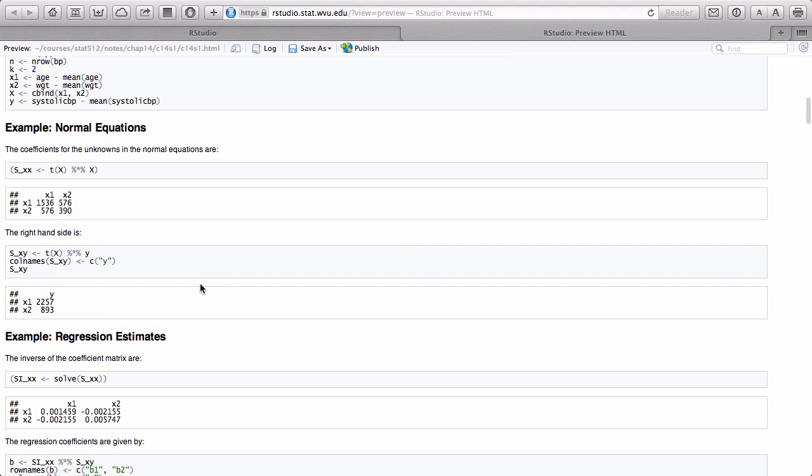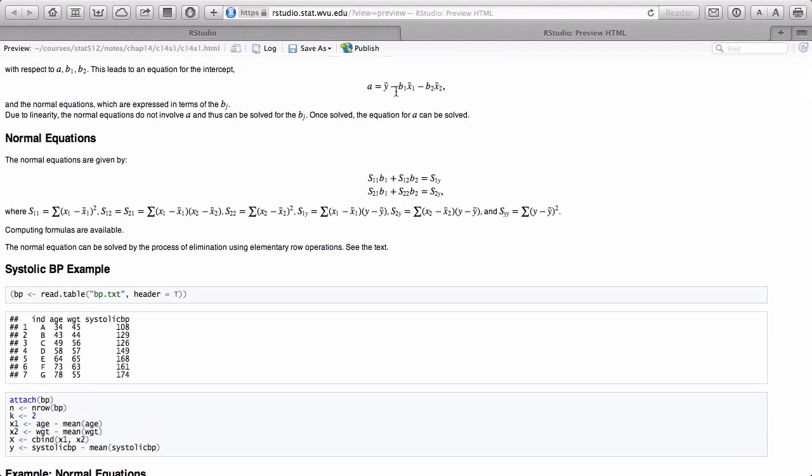Now, basically in terms of matrices, I have the left-hand side in terms of the S's times the coefficients equals the right-hand side. And if you know a little bit about matrix algebra, you know that if I take the inverse of that matrix of the S's and multiply it times the right-hand side, that will give us a solution. Now that's not the way R does it. You can think of it that way.